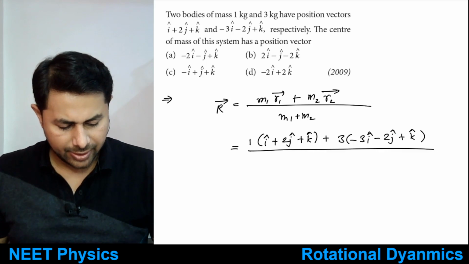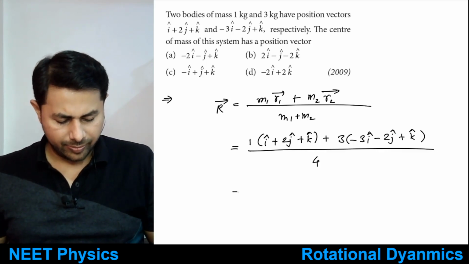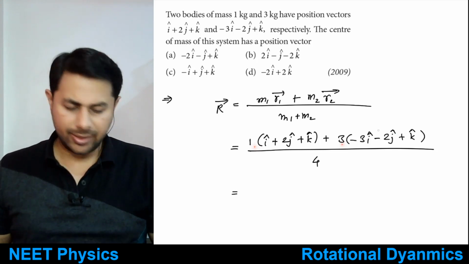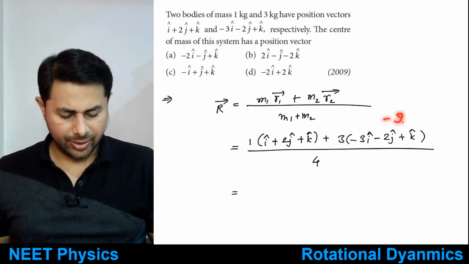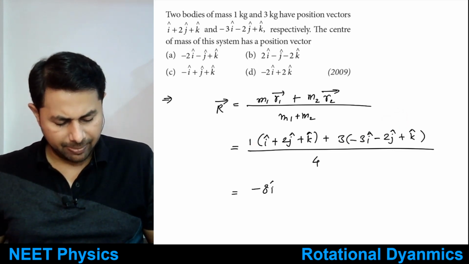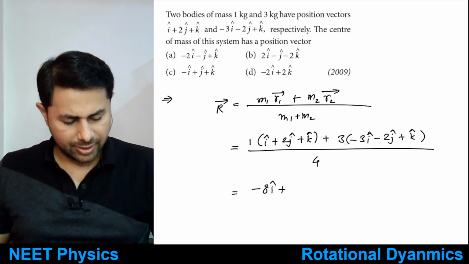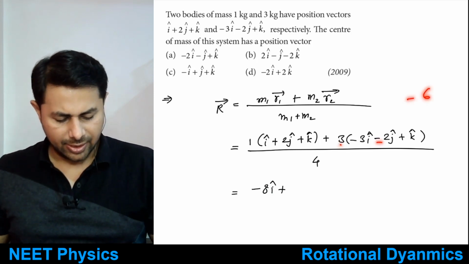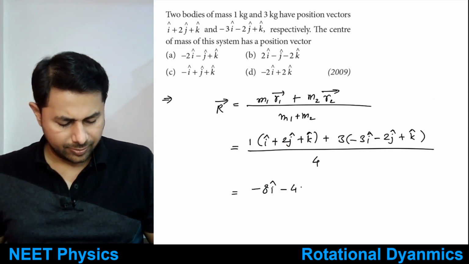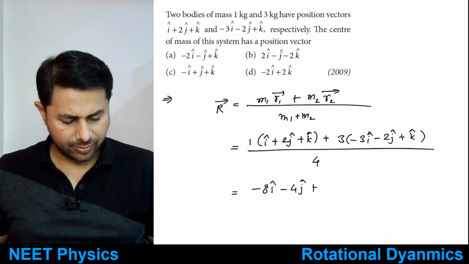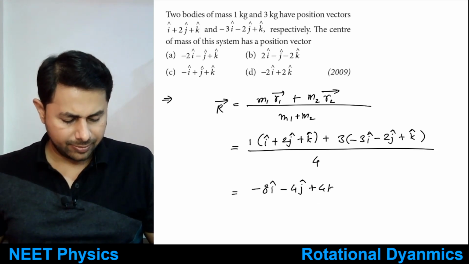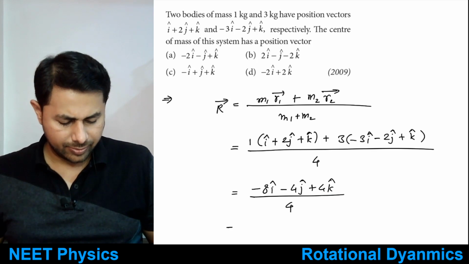Let's check. So 1 plus 3 is 4, and that is 1 and this thing is 3 times minus 3 is minus 9. Okay, 1 minus 9 is minus 8, minus 8 I cap plus this thing is 2 times minus 2 is minus 6. So 2 minus 6 is minus 4 j cap plus k cap plus 3 times k cap is 4 times k cap and everything divided by 4.